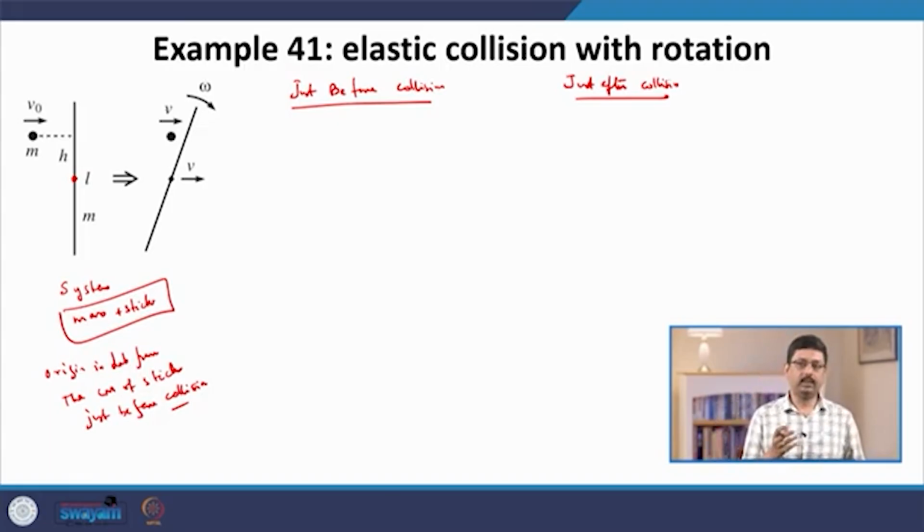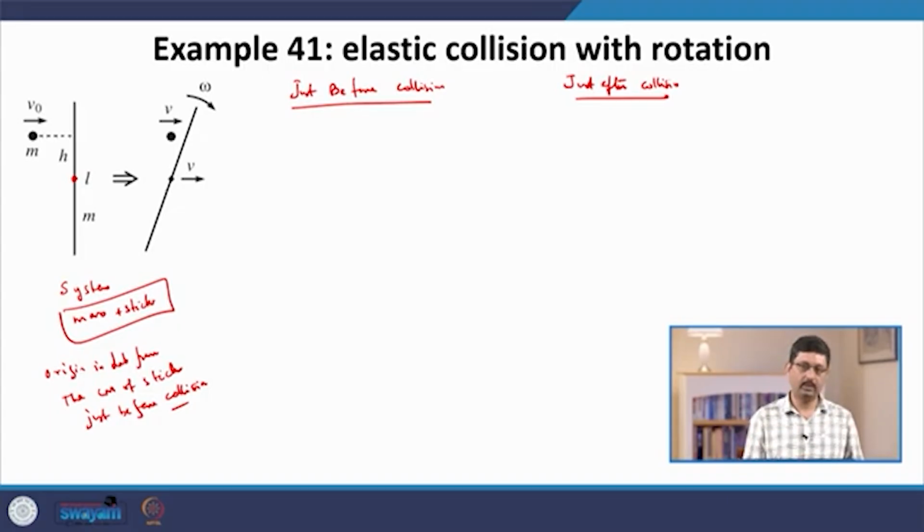Now in this case, it is clear that there is no external force acting during the duration of the collision. So we are going to ignore the effect of gravity in this problem. Just for the duration of the collision, if the collision time is very small, we can ignore the effect of gravity. This is our assumption. So then the conservation of momentum applies, and in any case, in the horizontal direction there is no force.